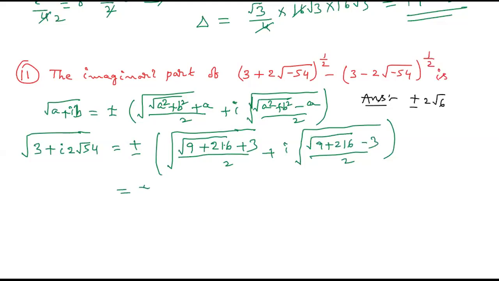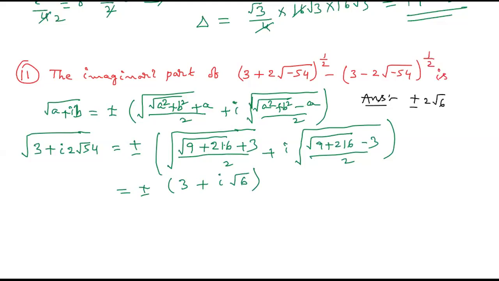Now the square root of 9 is 3, plus i into 15 minus 3 is 12, 12 by 2 is 6, so root 6 will come. This is the first one. Similarly, for the second one we get the answer plus or minus (3 minus i root 6).